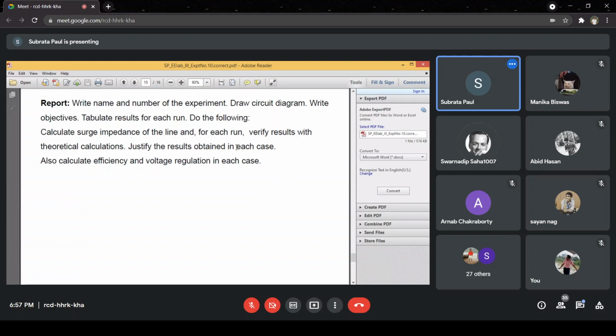Very well. Justify the results obtained in each case. Justify the result means what I have now discussed.